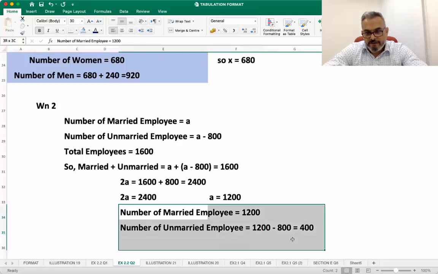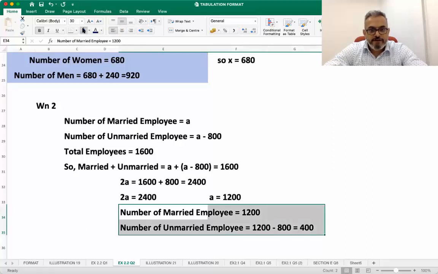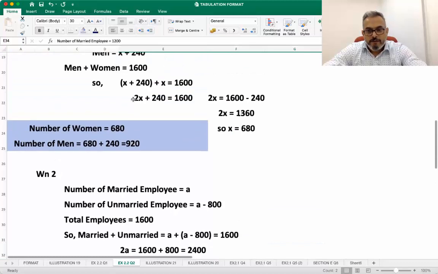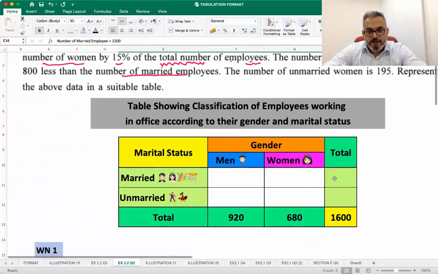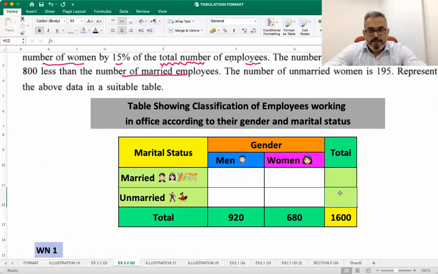So this is the final calculation. Over here, number of married 1200 and unmarried 400.